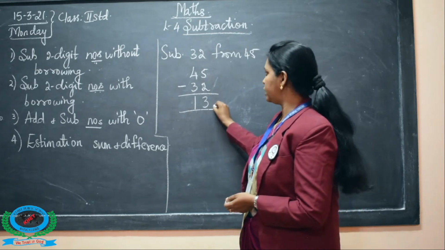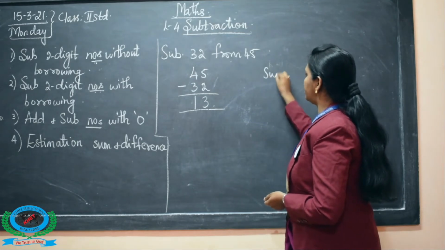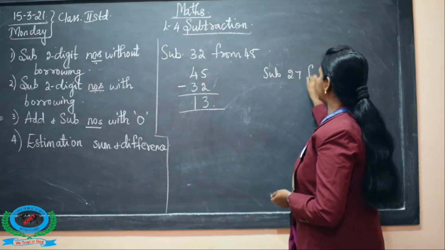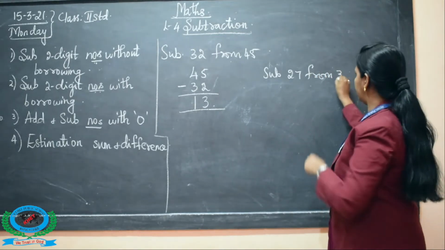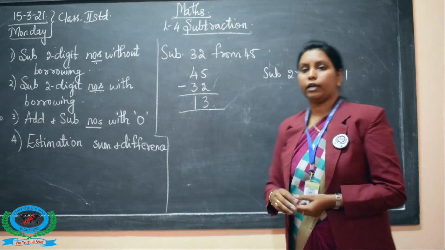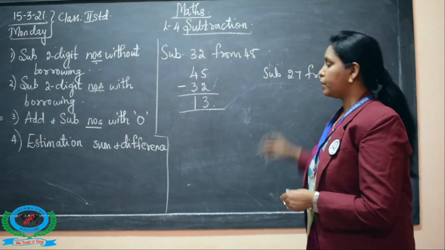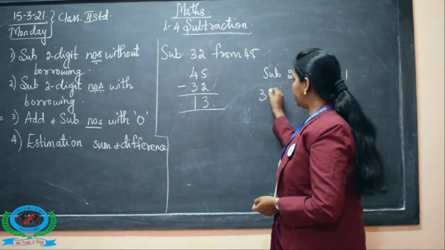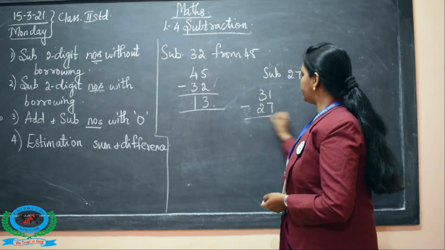Again this is a number which shows it is being subtracted without borrowing. So we will not see this, and we will take another example, that is subtracting 27 from 31. So the smaller number here is 27 and the bigger number here is 31. So 31 we will write here, minus 27 we will write down.